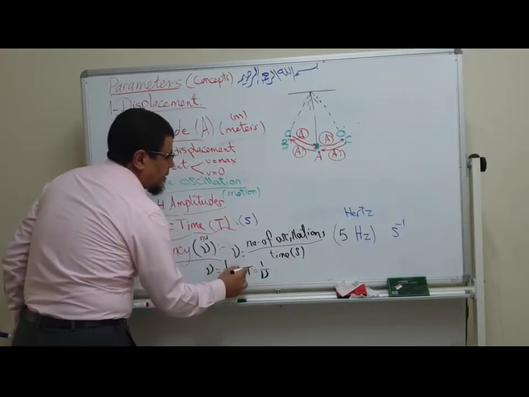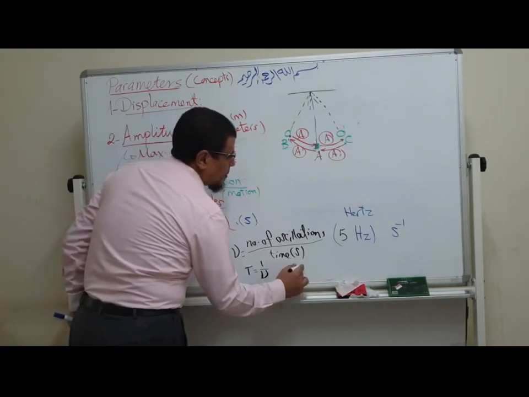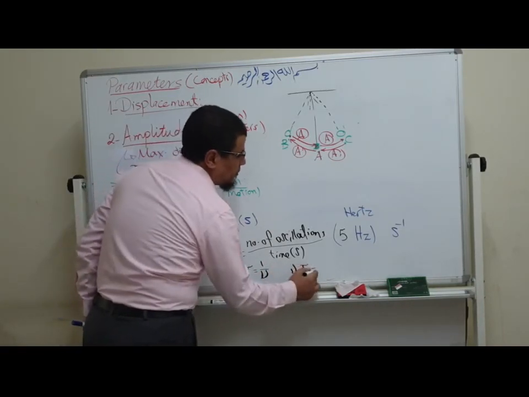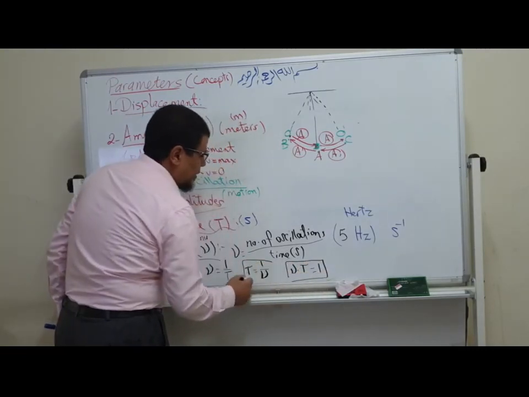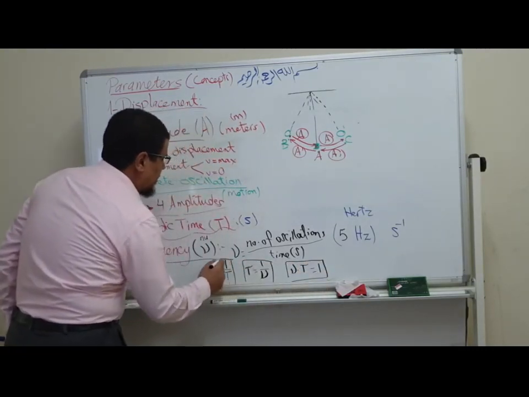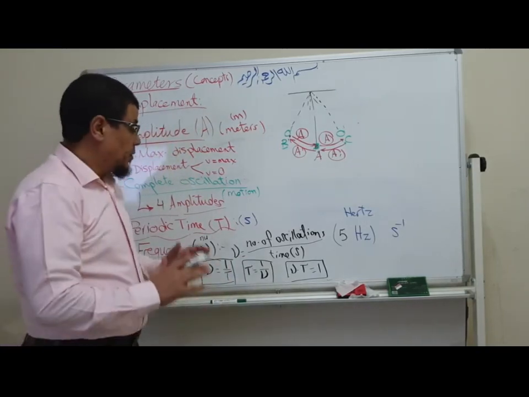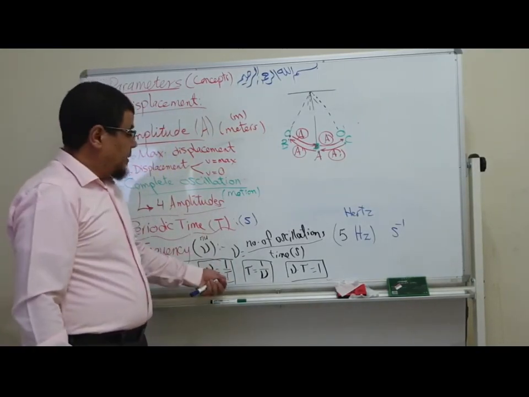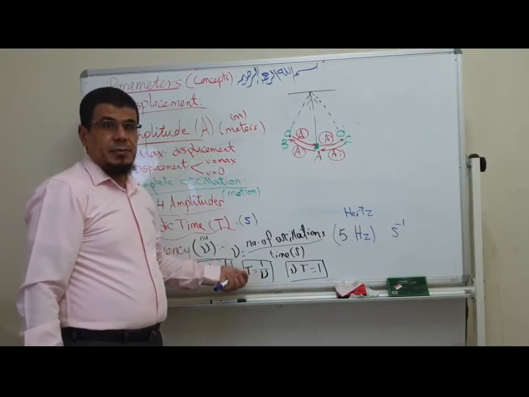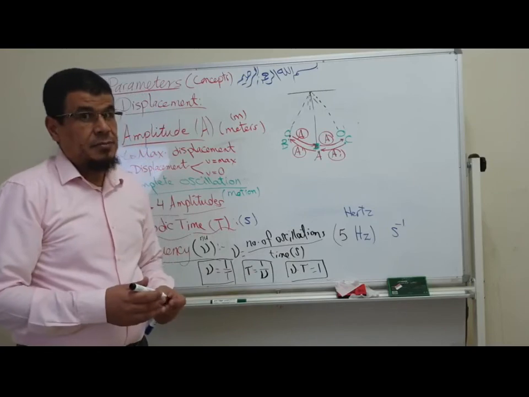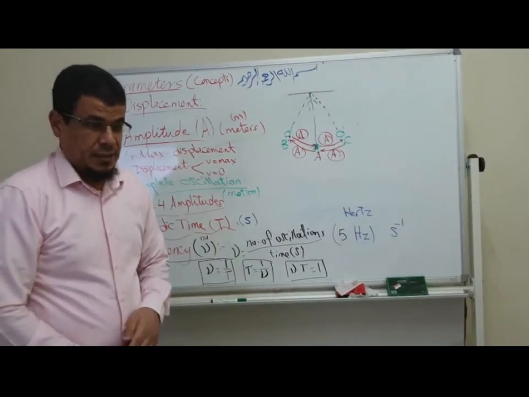Cross multiplication: the frequency multiplied by the periodic time equals 1. So these 3 relations are very important. If I know the periodic time, I can get the frequency. If I know the frequency, I can get the periodic time. And these can come as multiple choice in the test.